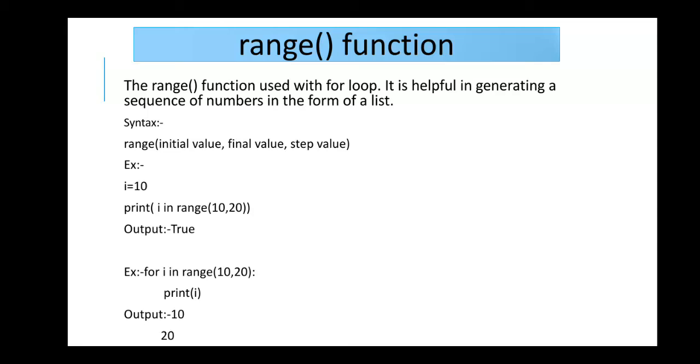Now we will see the range function. The range function is used with the for loop. It is helpful in Python to generate the sequence of numbers in the form of a list.